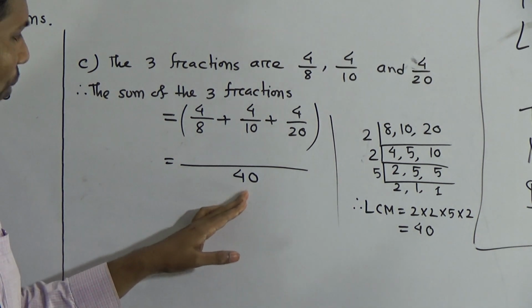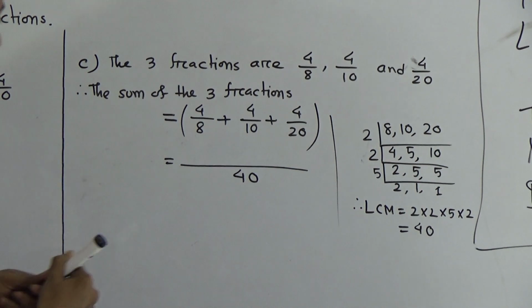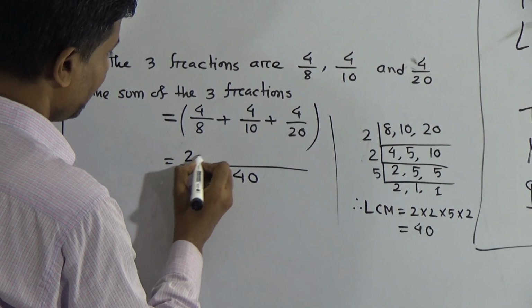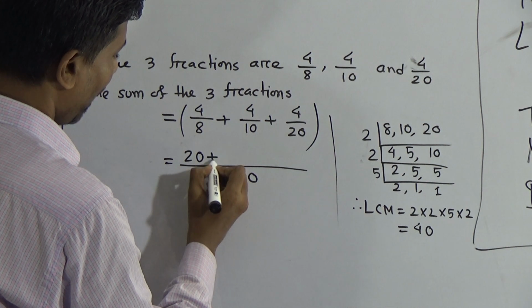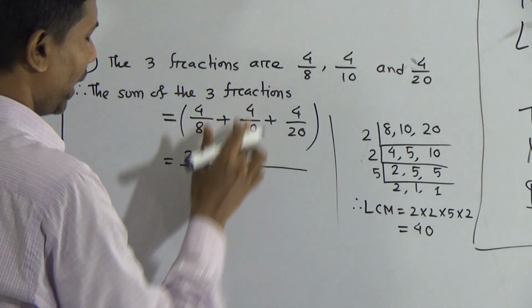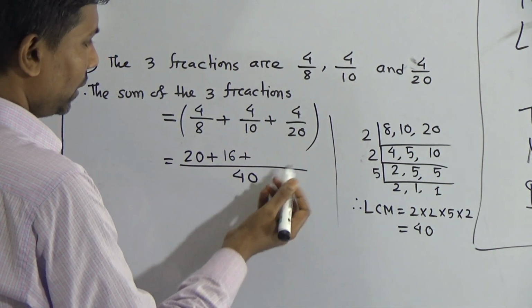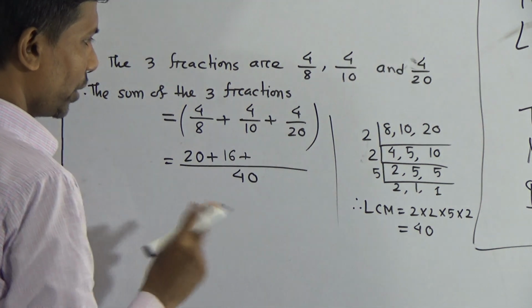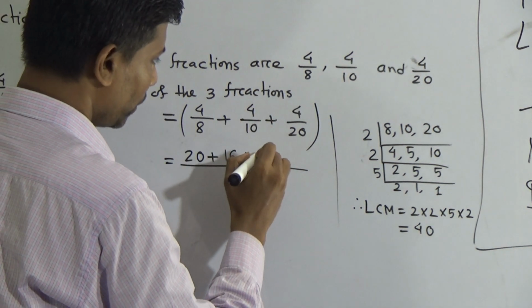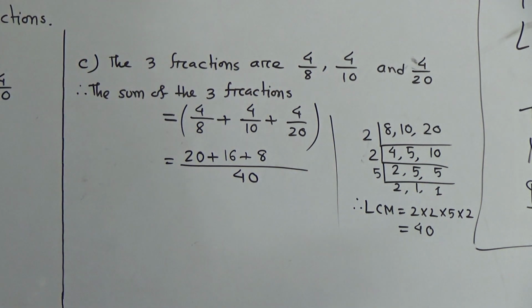Now divide 40 by 8, then we get what? 5. 5 fours are 20. Write here 20 plus divide 40 by 10, then we get 4. And 4 fours are 16 plus divide 40 by 20, then you get 2 and multiply with 4, then you get 8. That means 20 plus 16 plus 8.